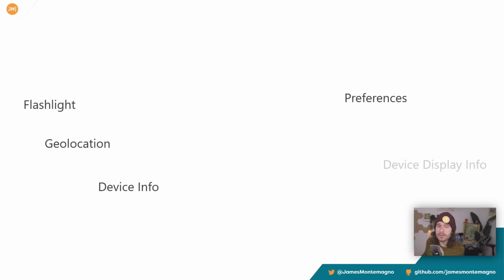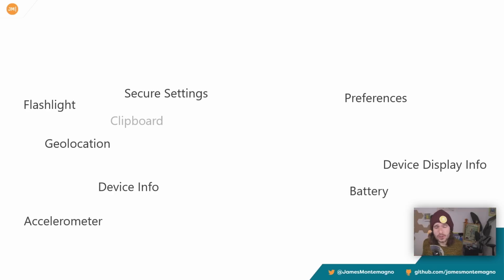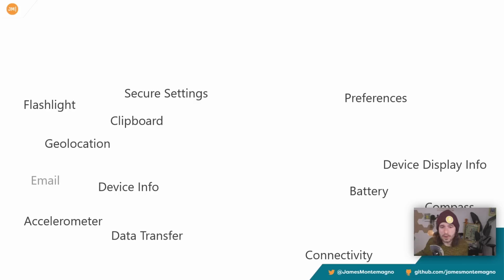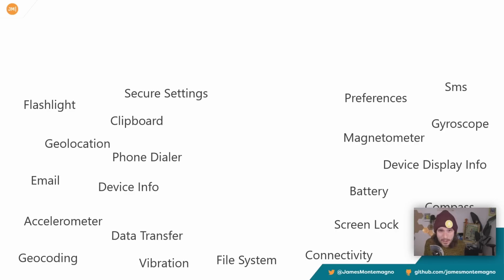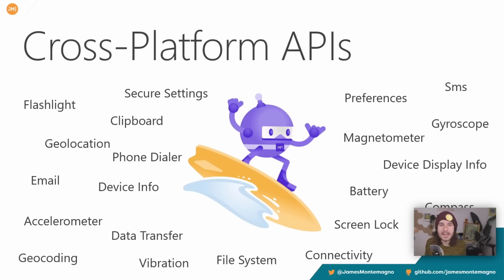But there are a bunch of different APIs and features that are the same across different platforms. Things like flashlight, geolocation, preferences, SMS, gyroscope, text-to-speech. What's unique here is that all of these APIs are available on iOS, Android, Mac, and Windows. What the team did is abstract common platform APIs into a single cross-platform API for developers to use.